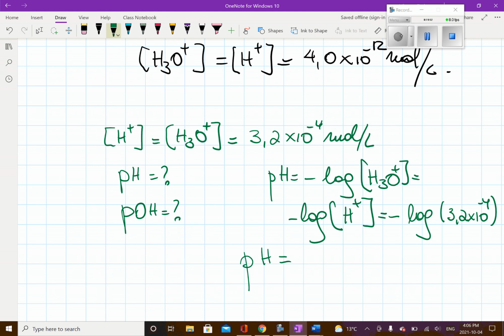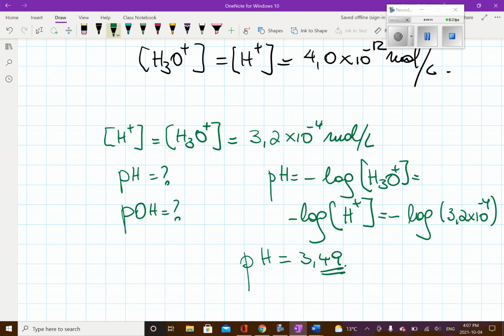So pH will be 3.49. Keep in mind that when we are talking about pH, the significant digits are counted only as the digits after the decimal point, because the 3 is more like the exponent.